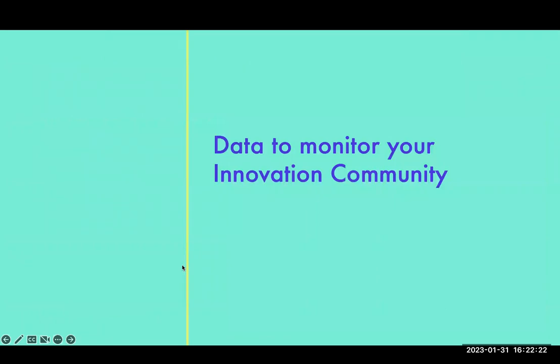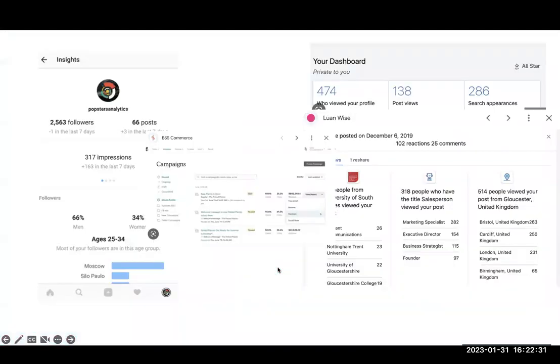Okay, so I think we are technical here, no? So we need data to monitor our innovation community. So data, you have here some examples. You know, MailChimp, Instagram, LinkedIn, every platform that you have statistics. And in LinkedIn, sometimes you have it already visible, you do not have to go to the stats tab.